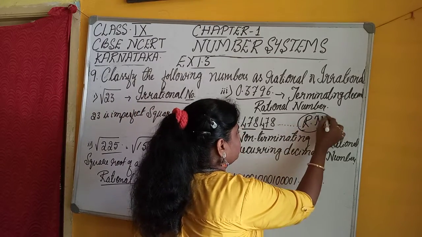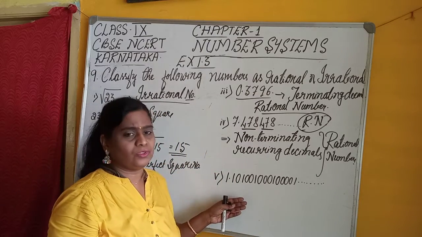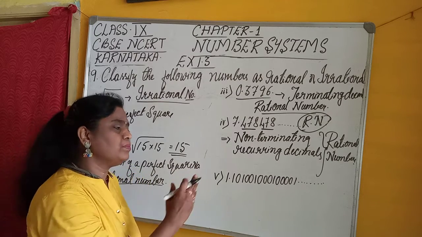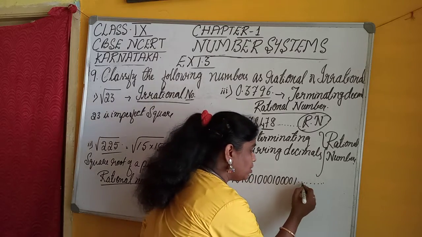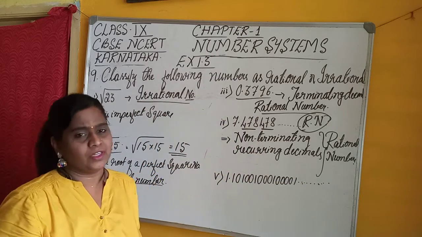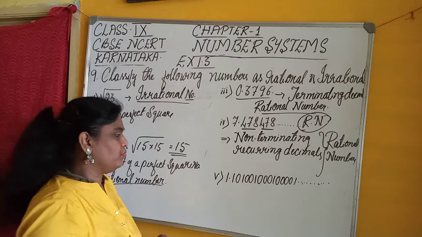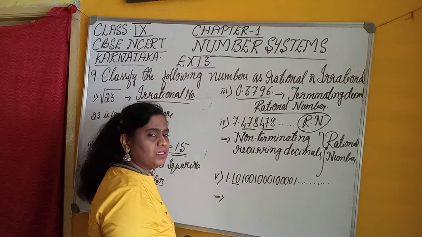And then, the last one. Here also, this is in the decimal expansion. We have to study the decimal expansion. We came to know that it is non-terminating, isn't it? Observe this, here 1 0 is there.